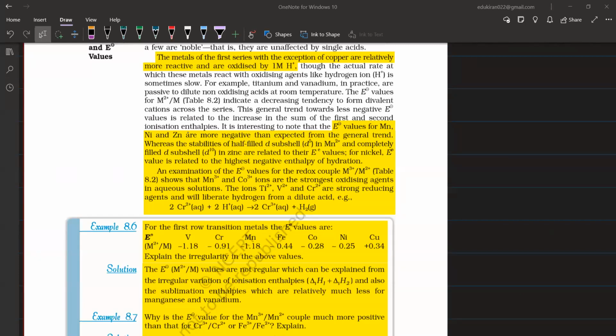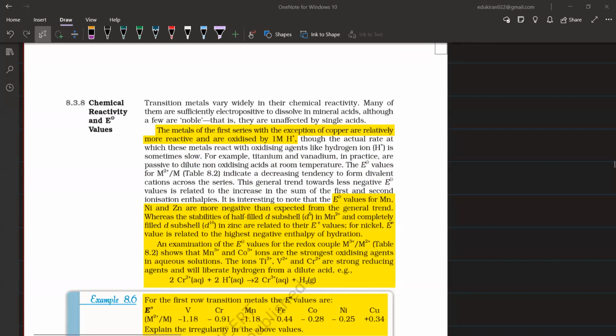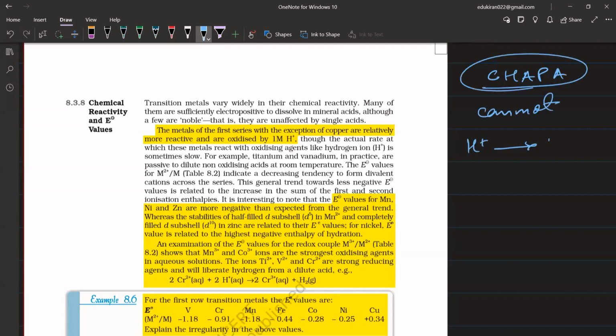All the chapa elements cannot liberate hydrogen from acids, but all others can. Do you all remember this, yes or no? Please tell me, wedding elements and chapa elements. Yes, sir. So this does not happen in chapa, but H+ can be converted to H2 for all the other elements. Those who don't remember this, please go back and see the electrochemistry lectures. You will remember these things, the chapa elements and the wedding elements.